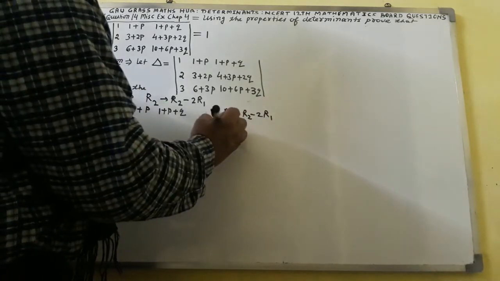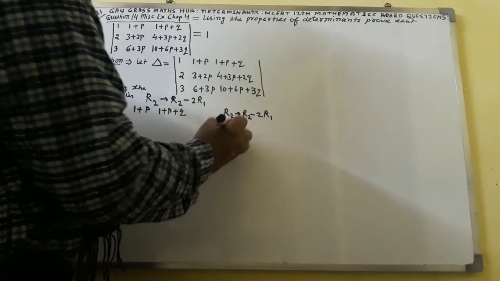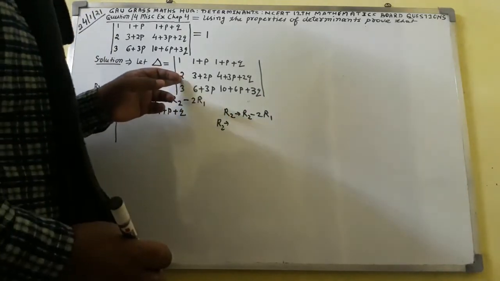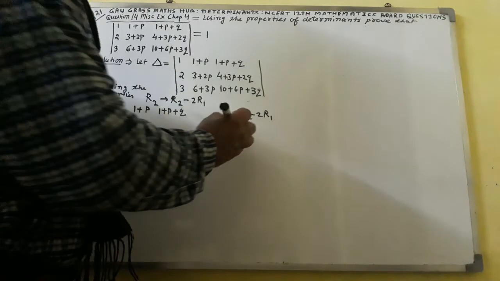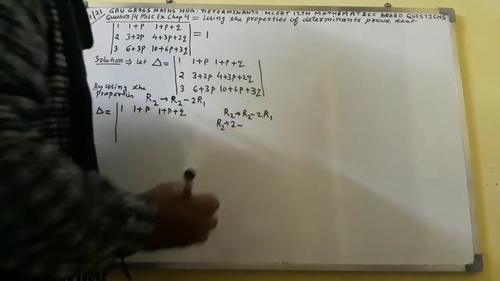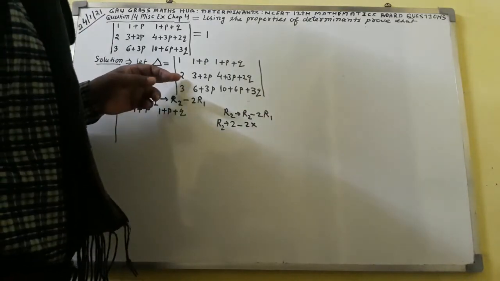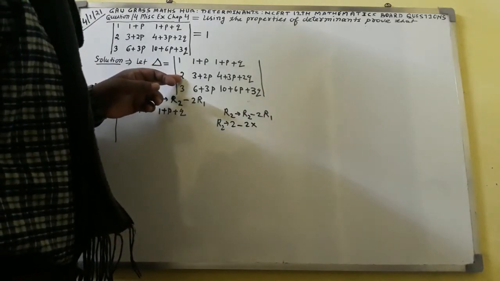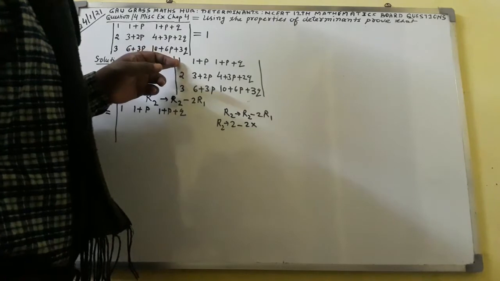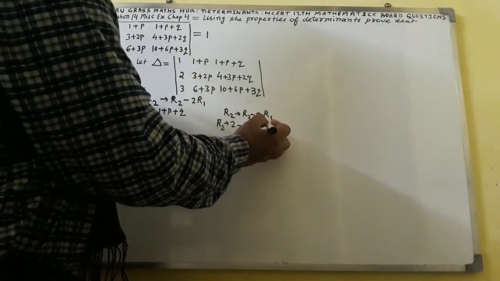If I take the element of R2 as 2, then 2 minus 2 times the corresponding element in the first row, which is 1, here you will get 0.